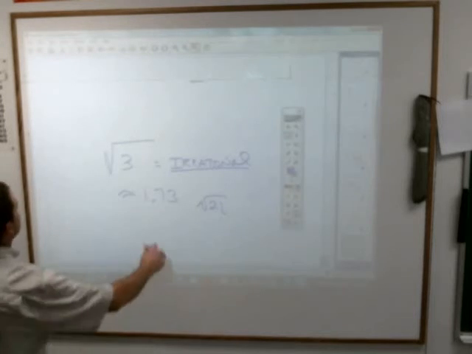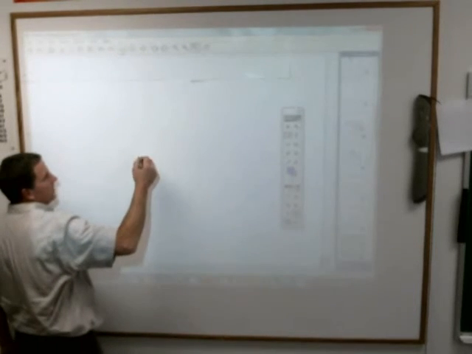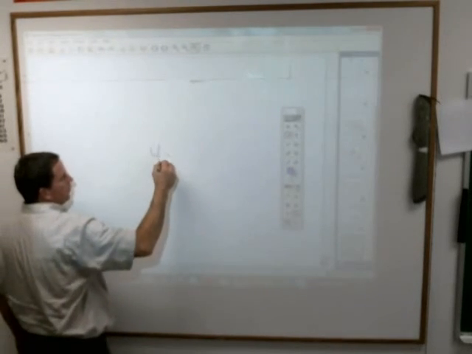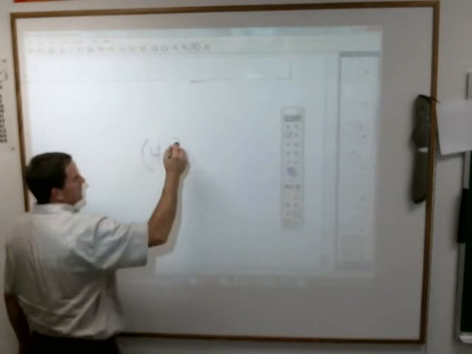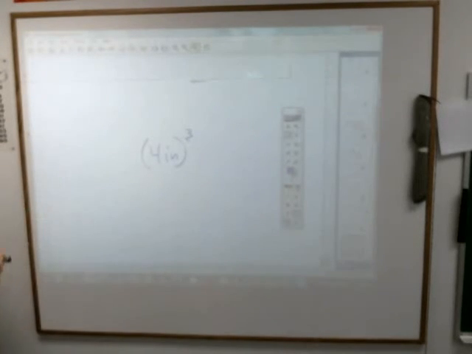And something else along those same lines, they give you a problem that looks like this. (4 inches) cubed. What do you suppose the answer to that is? By the way, that parenthesis means you've got to cube everything inside of it. And it's not 12. Please don't tell me 12, because it's not 4 times 3. What does this really mean?